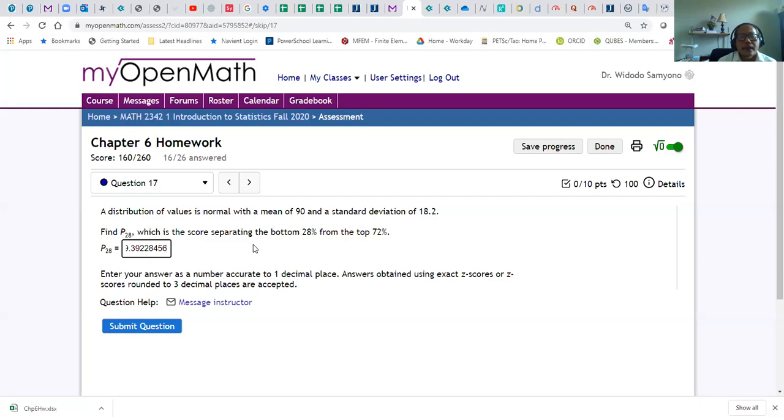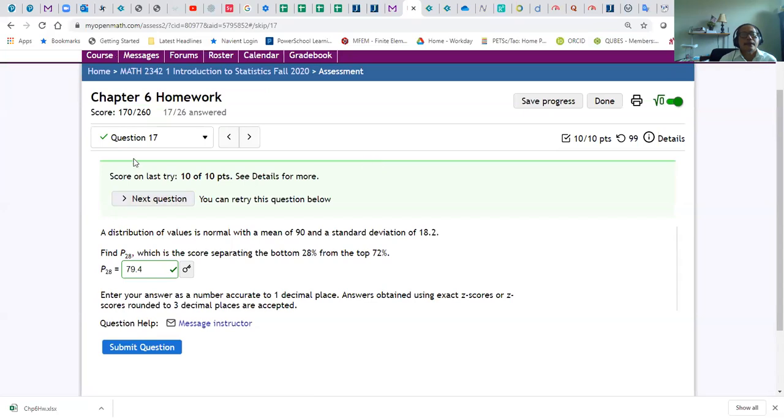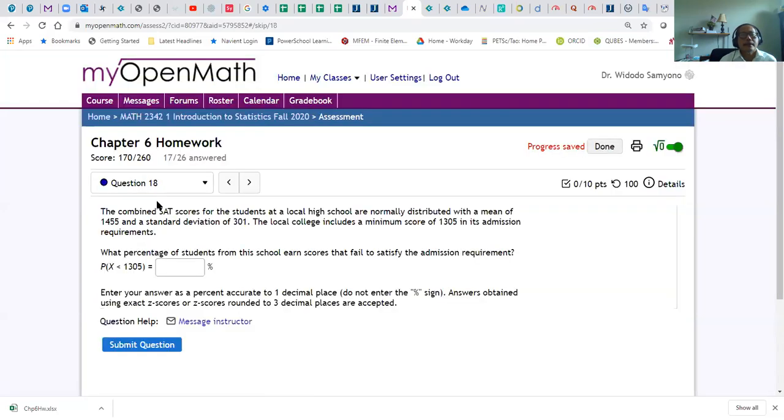You need to round to 1 decimal place. So the answer will be 79.4. Okay, so that was number 17. Let's go to number 4.